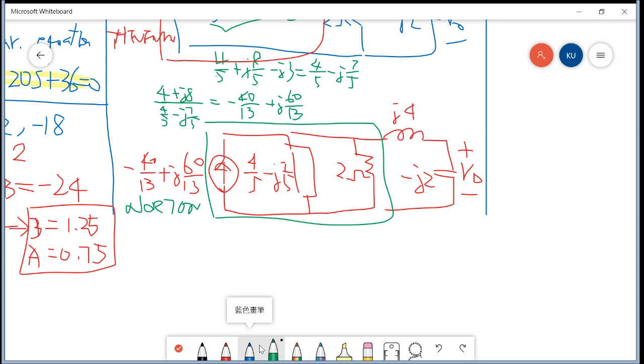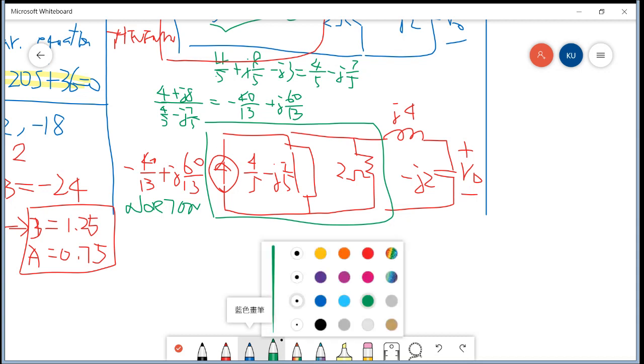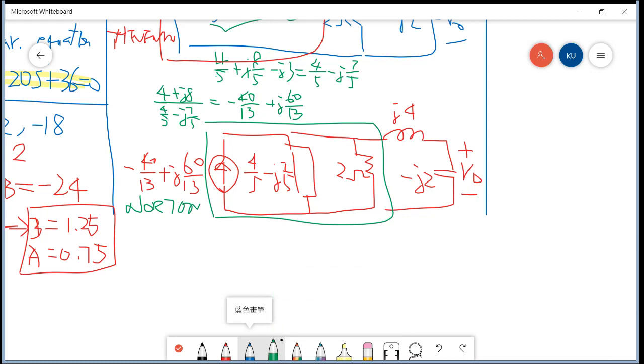And actually, before doing that, we need to find 4/5 minus J7/5 parallel with 2, and this will be 6/7 minus J4/7.